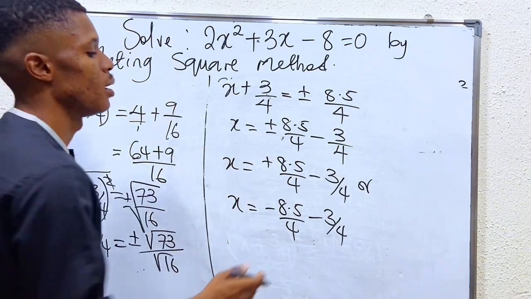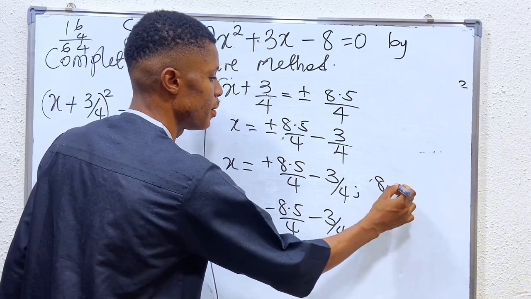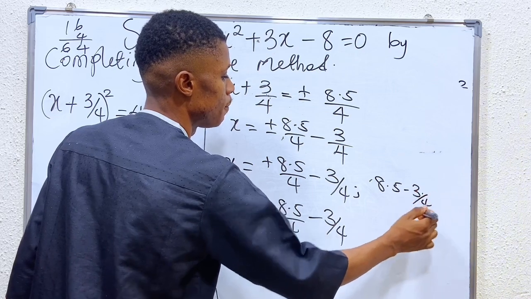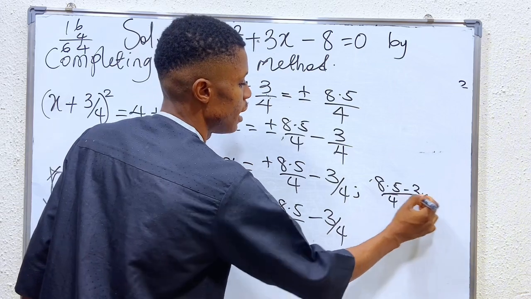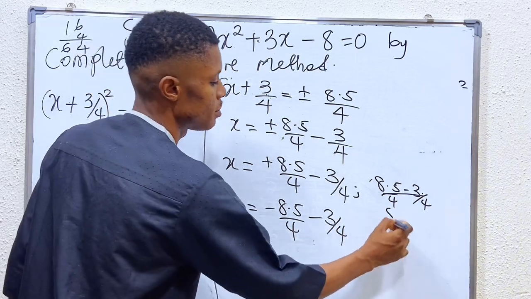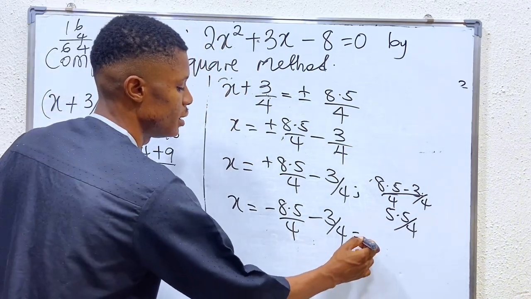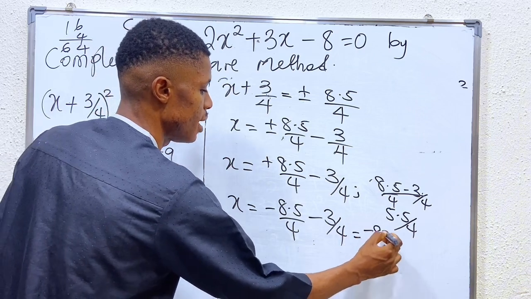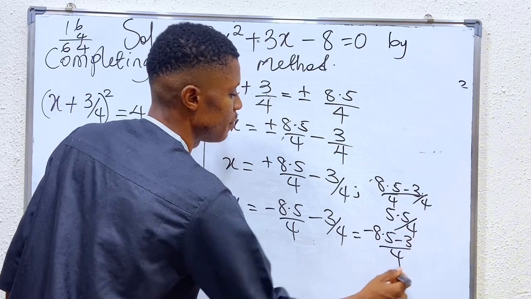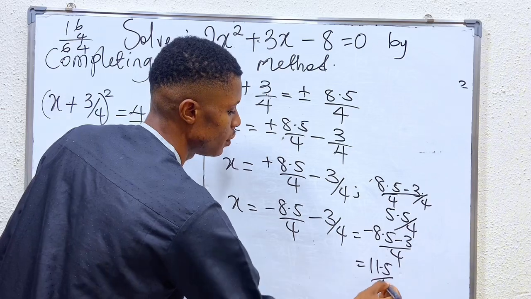For the first one, we have a common denominator, so we subtract and it becomes 5.5 over 4. For the second one, we have minus 8.5 minus 3 divided by 4, which gives 11.5 over 4.